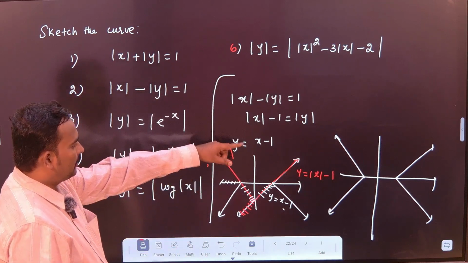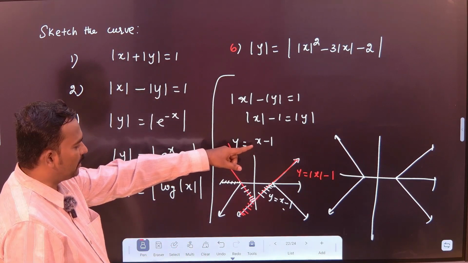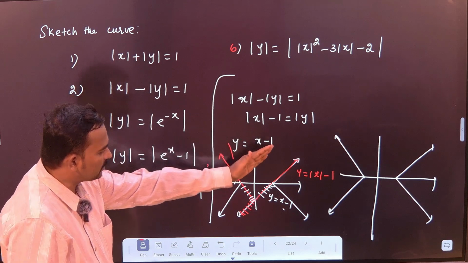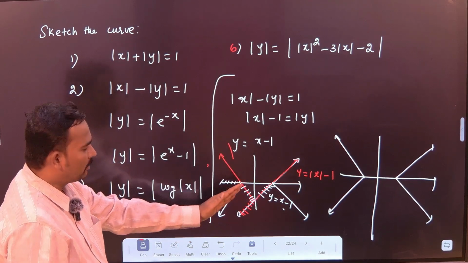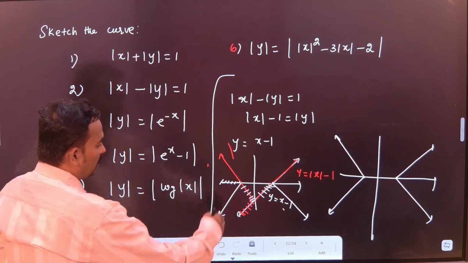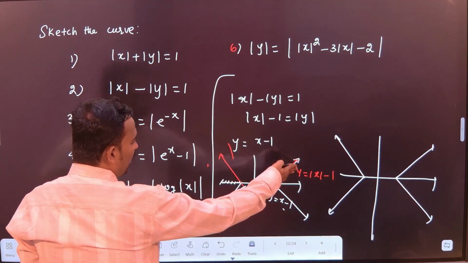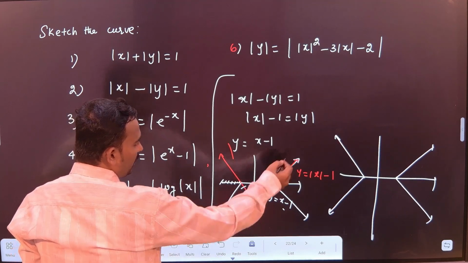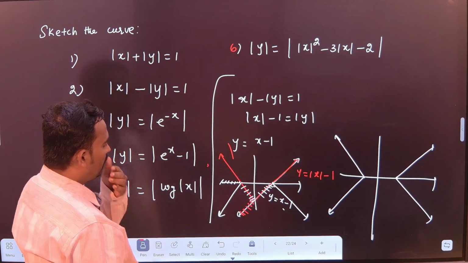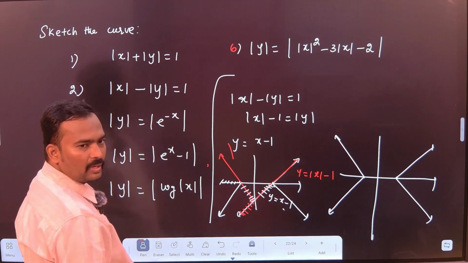So first step, you draw the graph of y is equal to x minus 1. The x graph, you shift 1 unit down, the x minus 1 graph. Then you apply x by mod x. The left side portion, remove it. Whatever the right side portion is there, take the image with respect to the y-axis. Okay, the V-shaped graph is the mod x minus 1 graph. And then mod y you can apply.